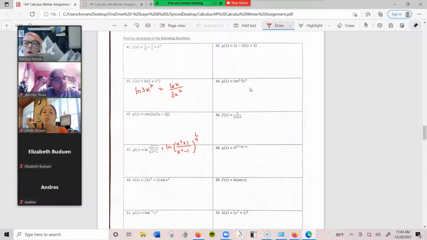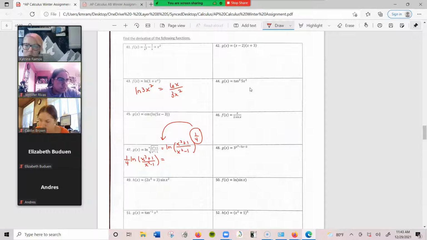Okay. According to properties of ln, whatever exponent everything inside of ln is raised to can be moved to the front and it becomes a coefficient. So that's 1/4 ln of x squared plus 1 over x squared minus 1, right? Additionally, another property of ln is when you have division, you can expand it and it becomes subtraction.